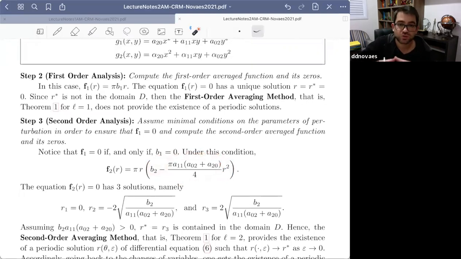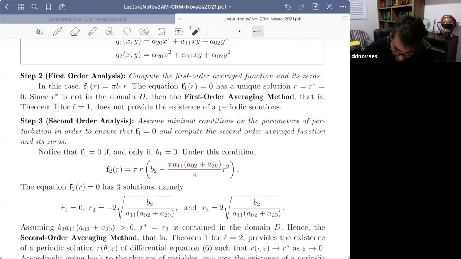This is important to know, so that when I assume conditions on the perturbations in order to ensure that F1 is equal to 0, these conditions are the minimal ones in order to obtain, for instance, the maximum number of limit cycles. Because if we had assumed that the first order perturbations were identically 0, then we wouldn't have any information about periodic solutions, because this term would disappear, and the only solution of F2 equals 0 would be 0.